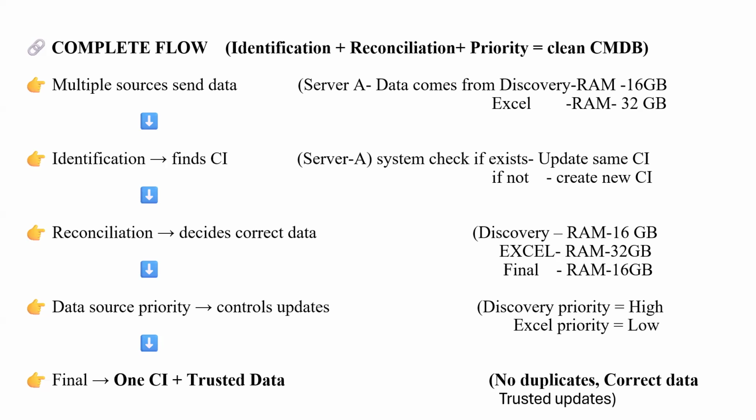Finally, Discovery gets the higher priority. The final result is one CI with trusted data. After applying all steps, there are no duplicates, the correct data is selected, and only trusted updates are allowed. The conclusion is identification plus reconciliation plus priority equals a clean CMDB.